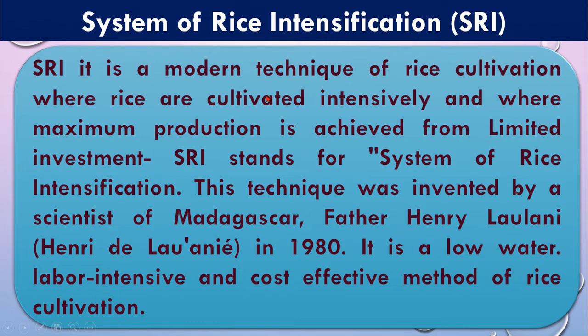It is a modern technique of rice cultivation where rice is cultivated intensively and maximum production is achieved from limited investment. This technique was invented by a scientist from Madagascar, Father Henri de Laulanié, in 1980, and it is a low water, labor intensive, and cost effective method of rice cultivation.